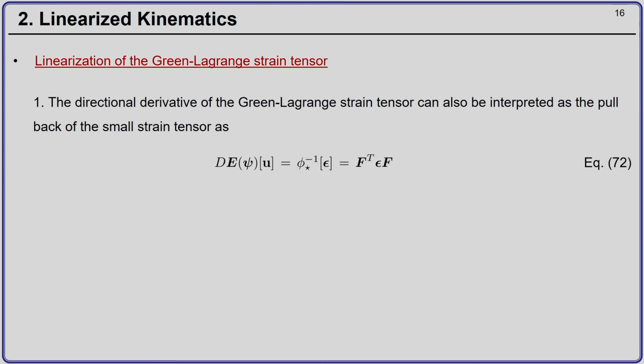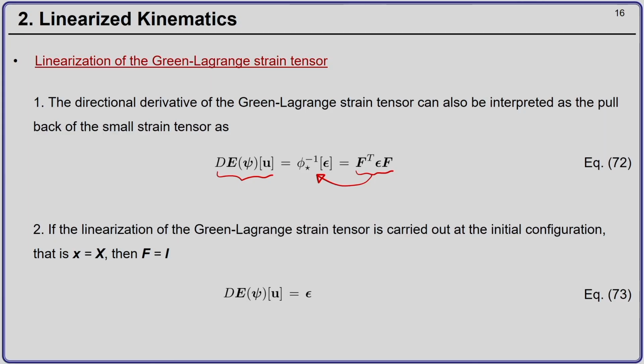So, you see the directional derivative in the direction u is F transpose epsilon F, which is nothing but phi star inverse epsilon. So, the directional derivative of the Green-Lagrange strain tensor in the direction u is nothing but the pullback of the small strain tensor epsilon.